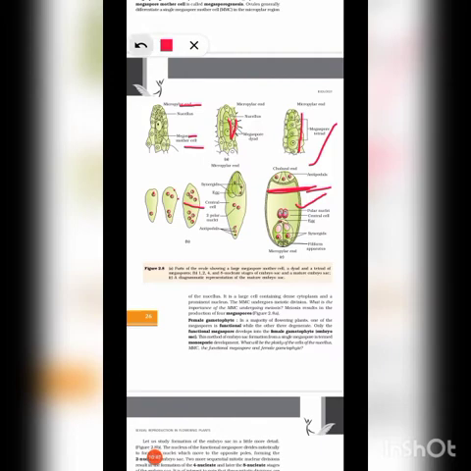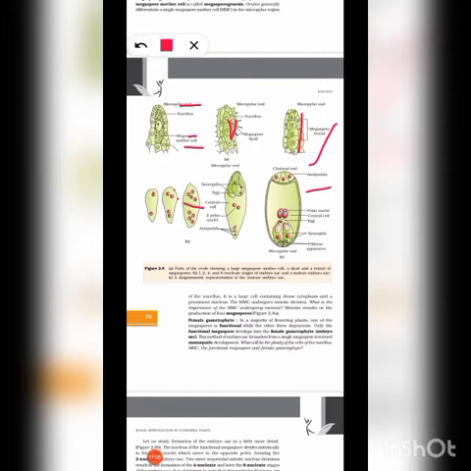So if in the exam it is asked, explain the structure of the embryo sac, what you have to explain? The embryo sac contains how many nuclei? 8 nuclei and 7 cells, isn't it? 1, 2, 3, 4, 5, 6, 7. Okay, 7 cells and 8 nuclei.